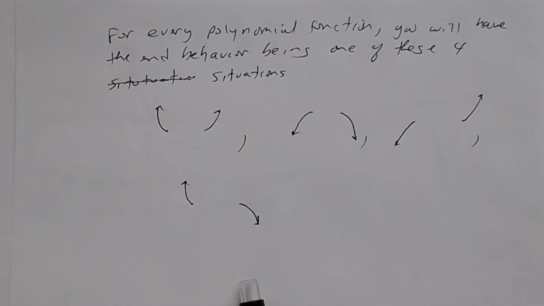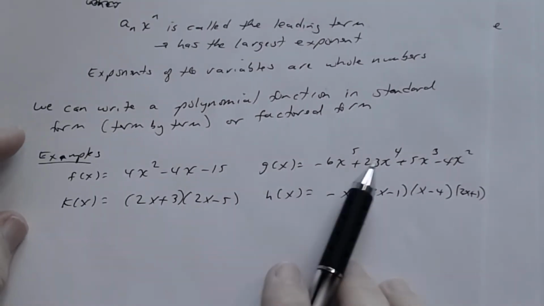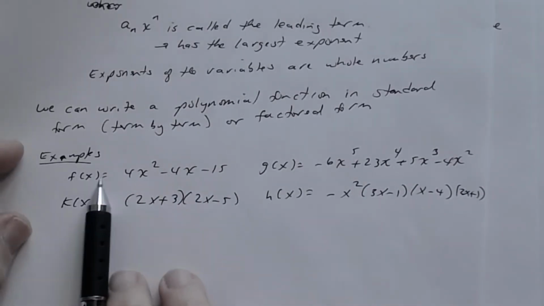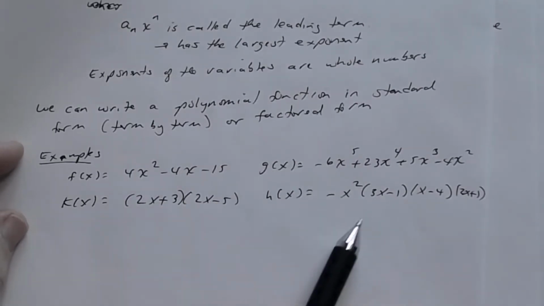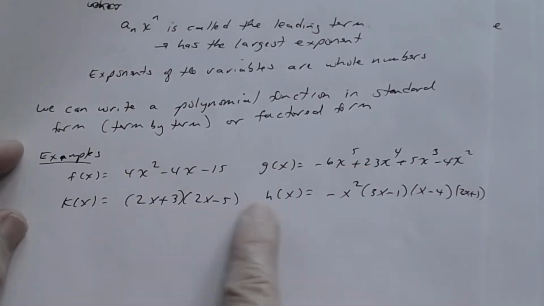If I can find it real quick. You will be given this, and you will be asked to describe the end behavior. And it is very easy to do. So given this, you will have to describe the end behavior, either in standard form or in factored form.